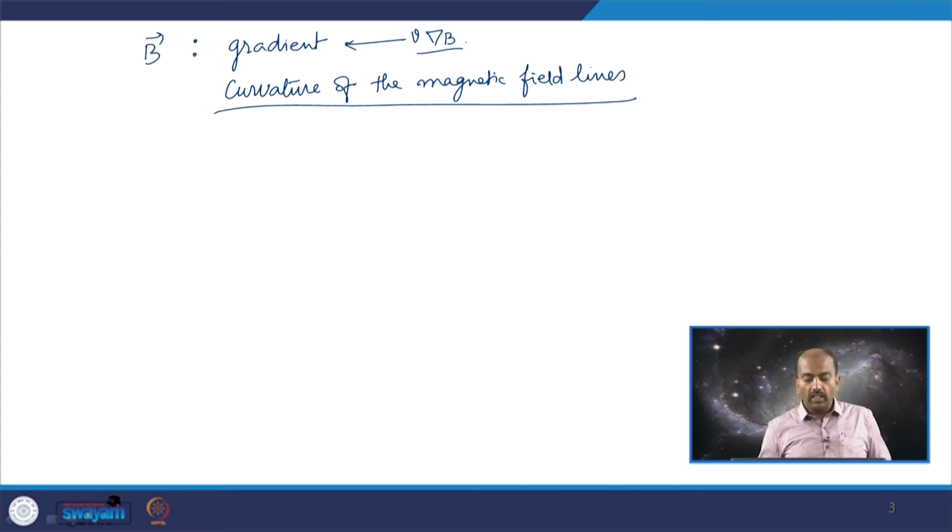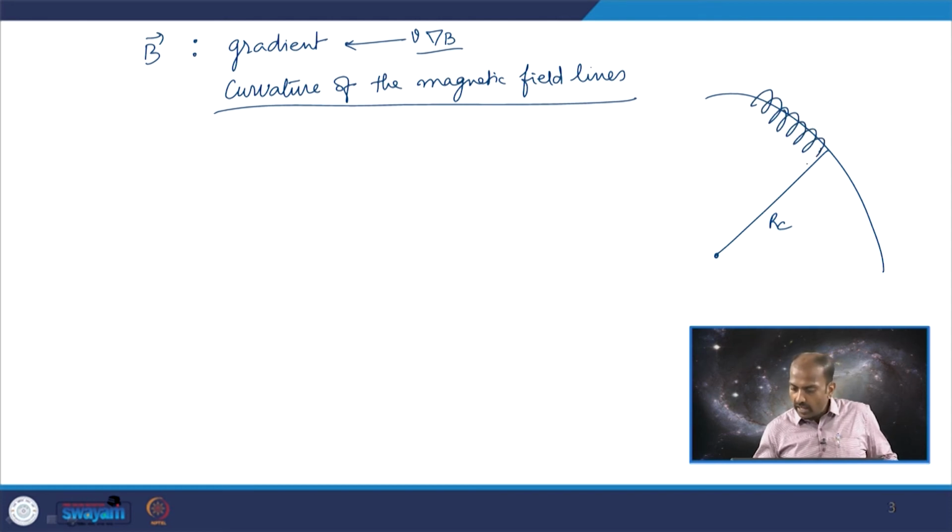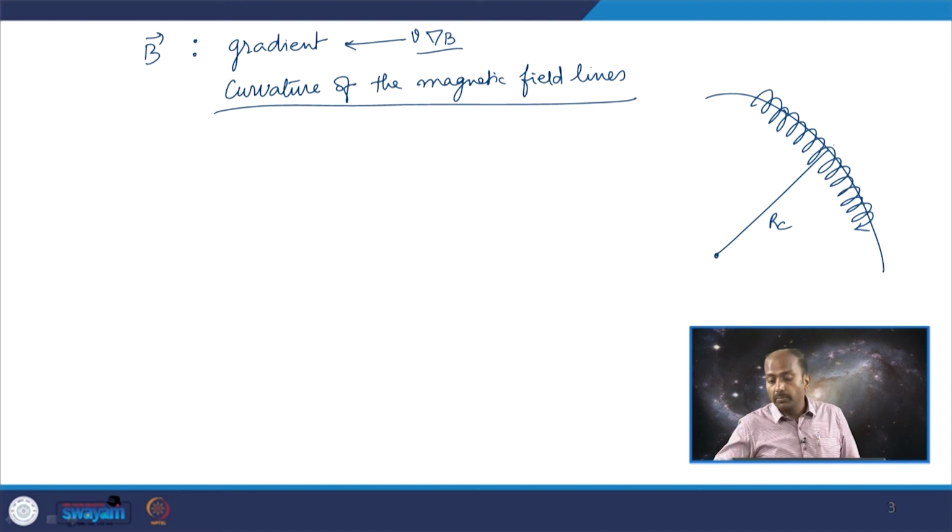We will also see that this curved magnetic field has a curvature, with radius of curvature let us say assumed to be RC. Now, a charged particle will gyrate across this magnetic field line, right. As it gyrates, it also experiences another force in addition to the force created by the magnetic field. The additional force can be called FCF.